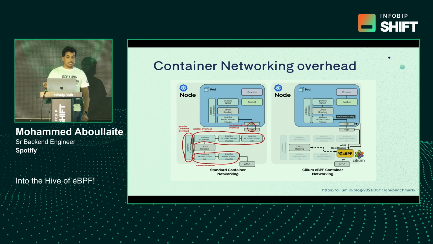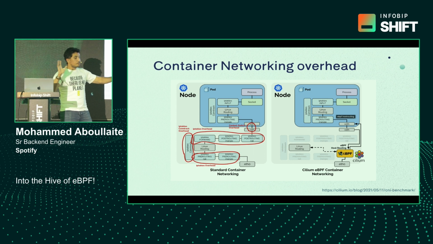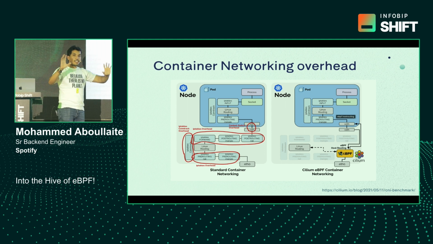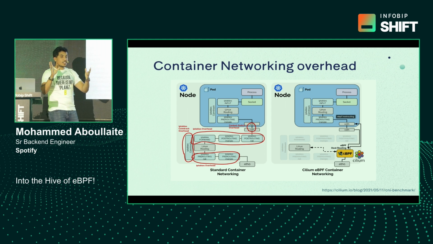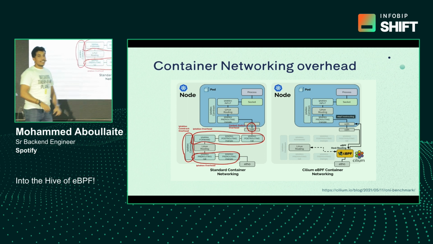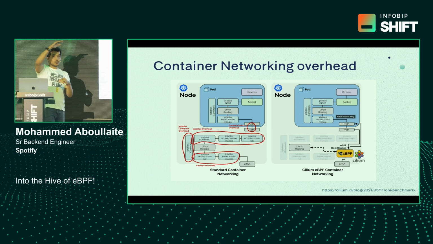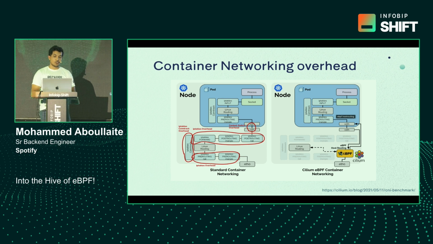For networking optimizations, this is what we have if you are using Kubernetes, a container-based infrastructure or cluster. So basically, this whole piece is repeated on the container management side and also when it reaches your container.